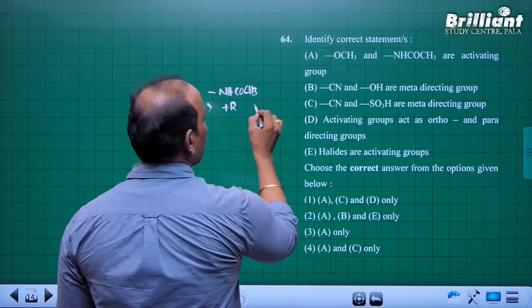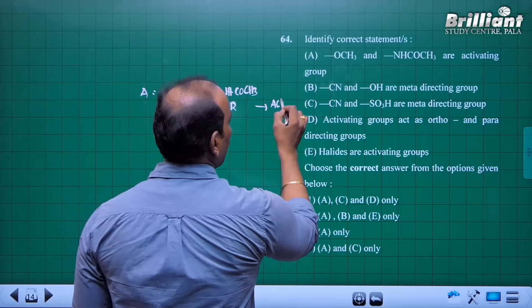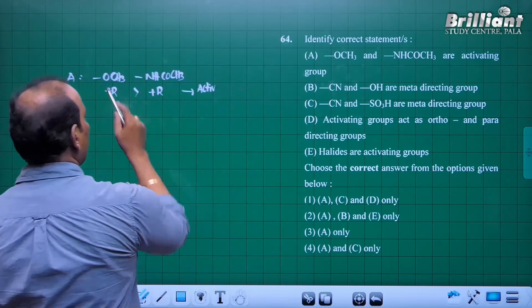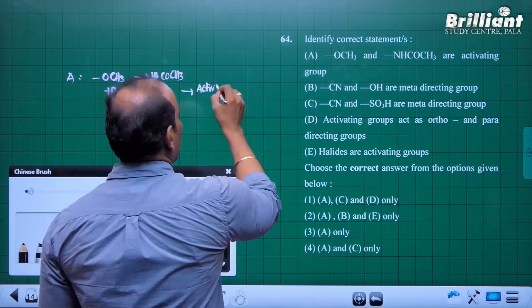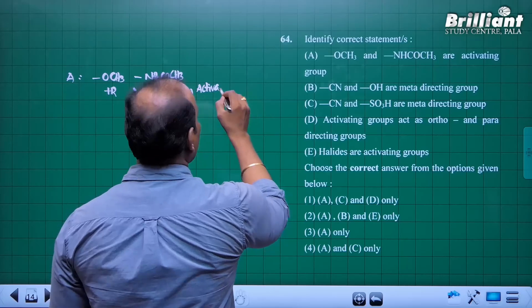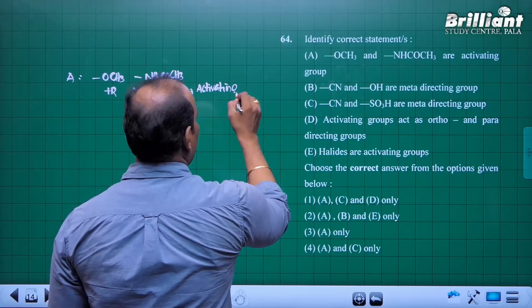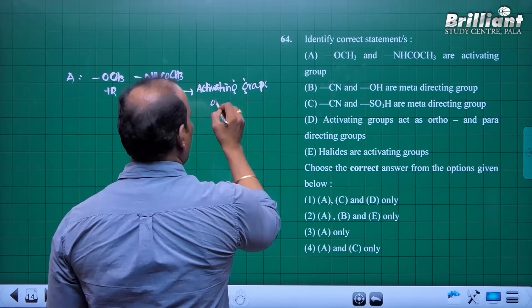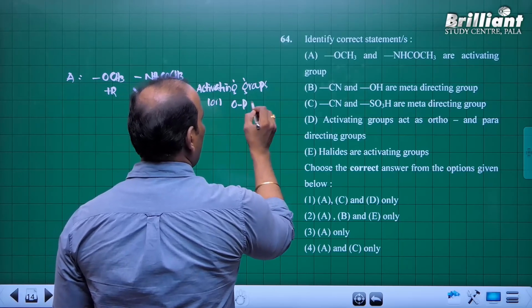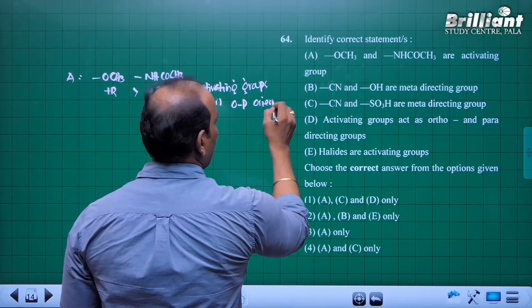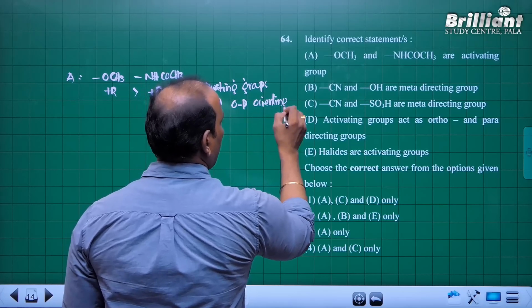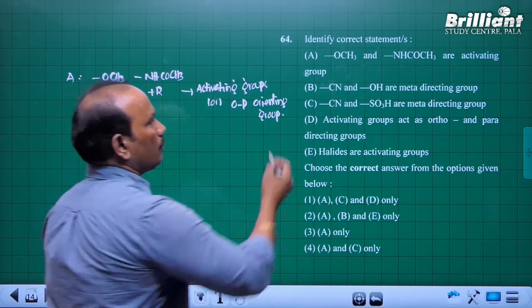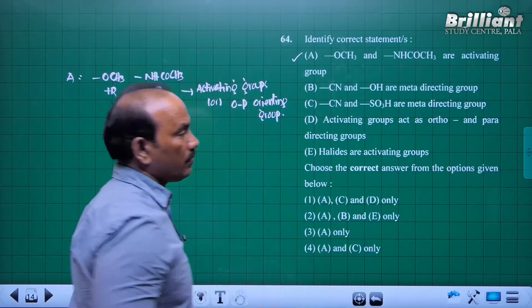Then plus R groups are called activating groups, or these are also known as orthopara orienting groups. Clear? So this is the correct statement.